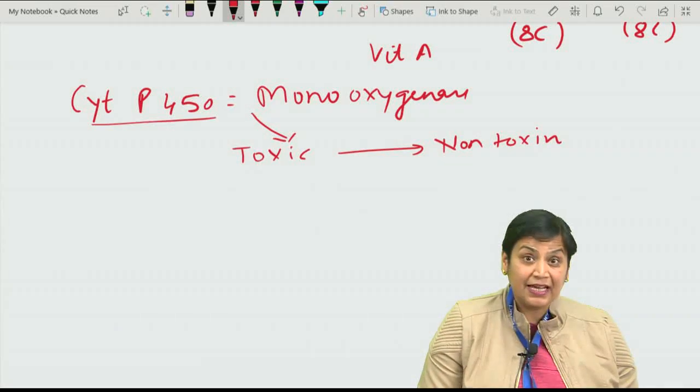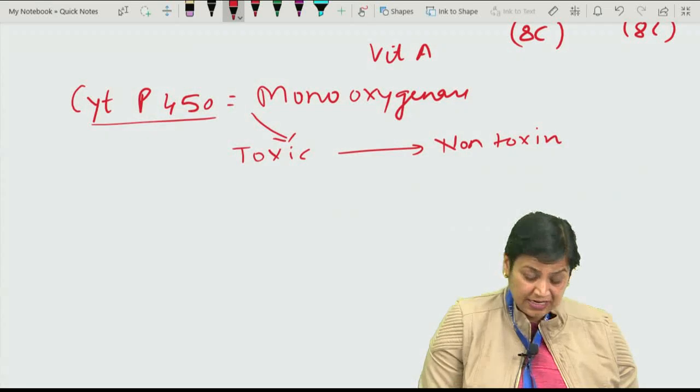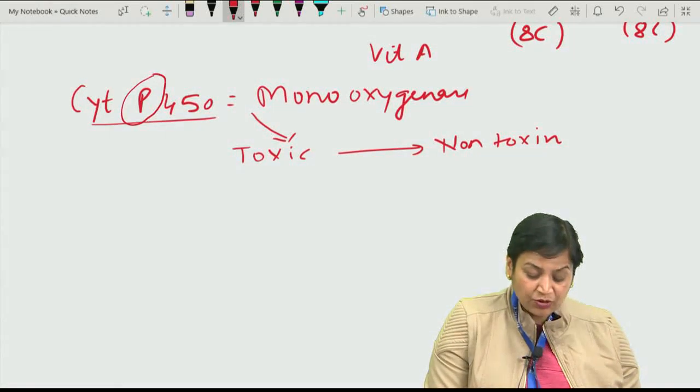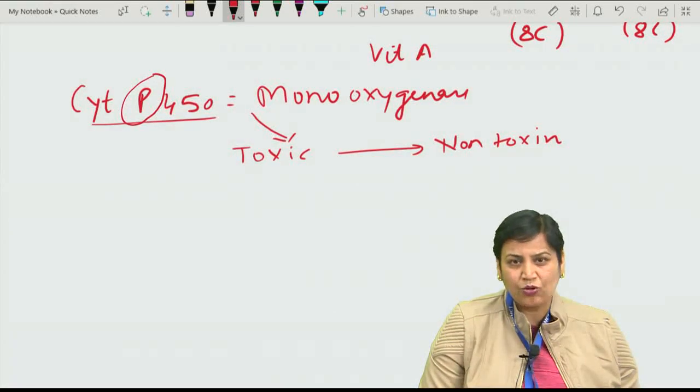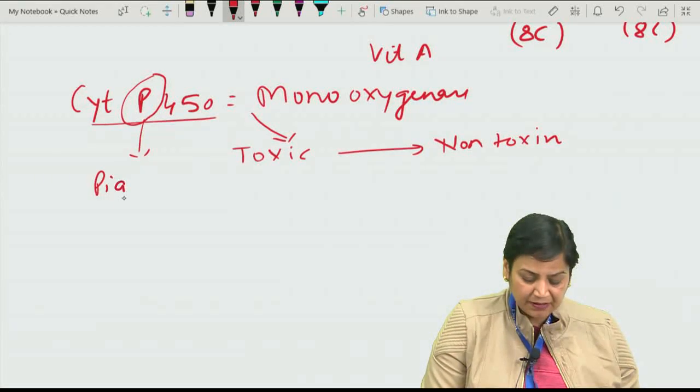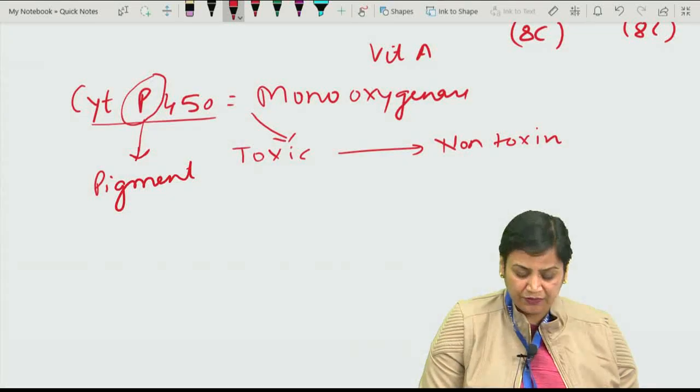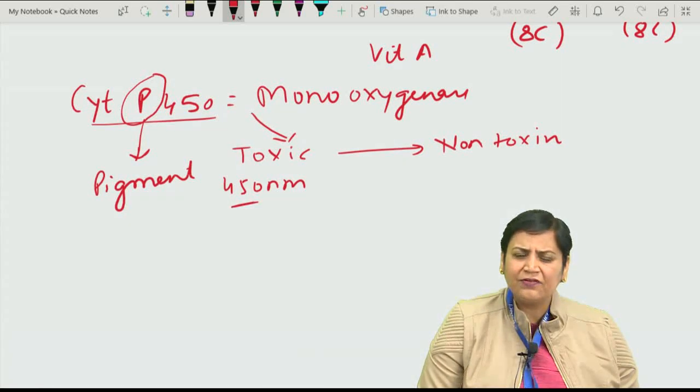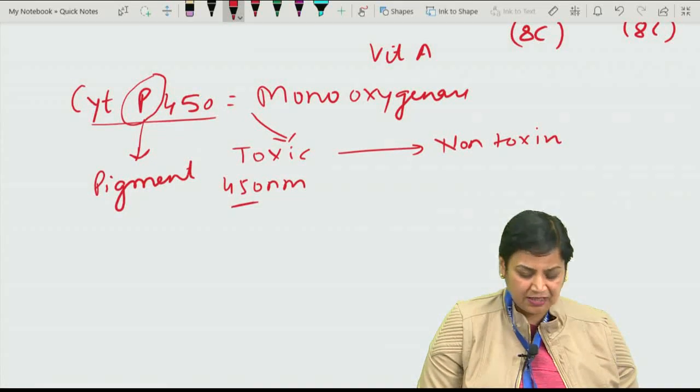This is again a very important question: what does the P in cytochrome P450 stand for? P stands for pigment, which means this pigment absorbs at 450 nanometers. So this is a very, very important detoxifying agent.